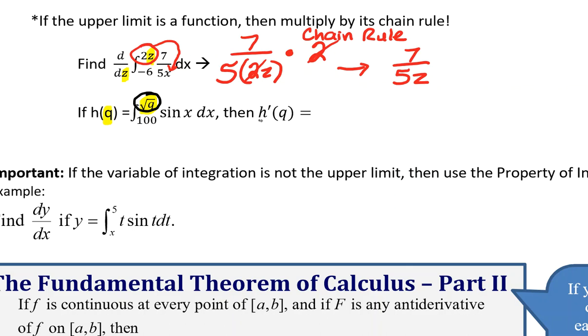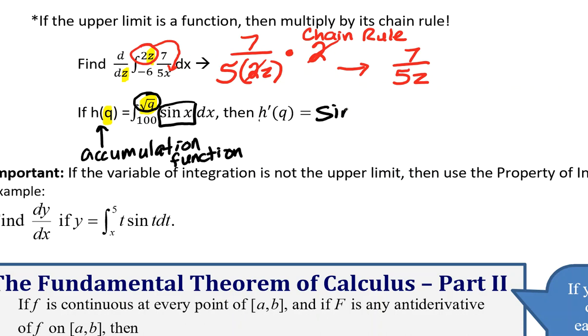So to find h prime of q, to find the derivative of our accumulator function, this is the accumulation function, if that function is equal to an integral, then its derivative gets us right back to the integrand, except we need to replace our variable with our upper limit.